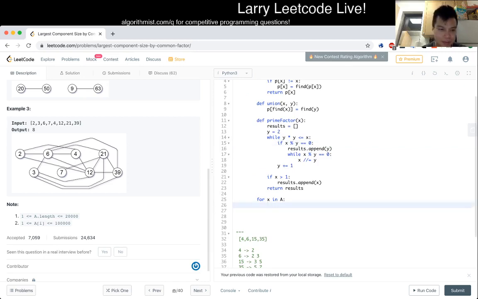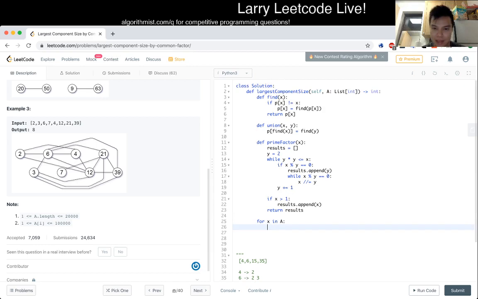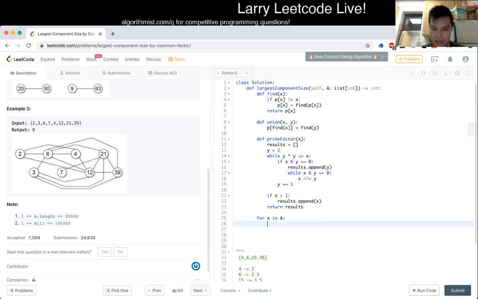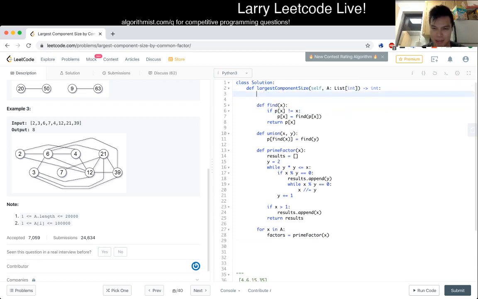Yeah. And then now for x in A, what do we want to do? Oh yeah, so now we get all the prime factors of x, and then now we have to set up this. I probably didn't explain it, but p is the parent, which is the union find parent. That's what I call it. There are other ways to go about it.